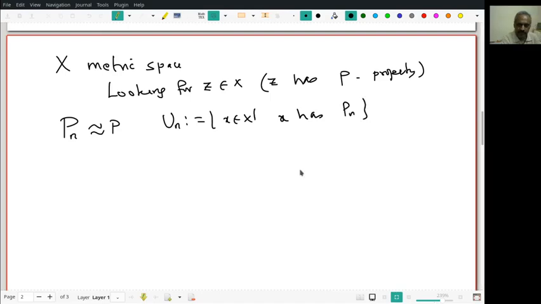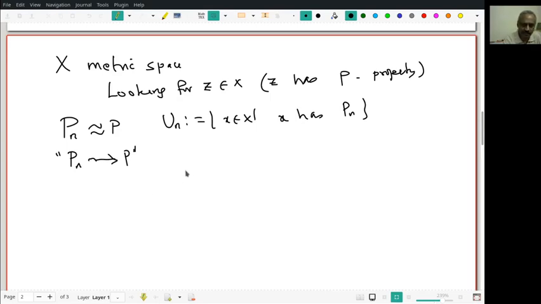Un by definition is the set of all x in capital X such that x has Pn. Pn intuitively is very close to P, right? And we also expect, again intuition, Pn approximates P. As n is very large, then Pn will be very close to P. That is, if x satisfies Pn, then it is as good as satisfying P. As good as, not exact, right?